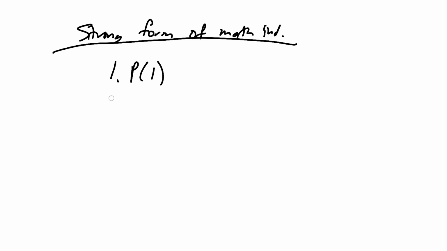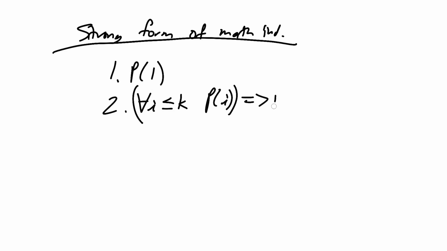Basically the first number that you want to prove it for, right? Prove it explicitly for that one. And then prove that for all i less than or equal to k, prove that P of i implies P of k plus 1.